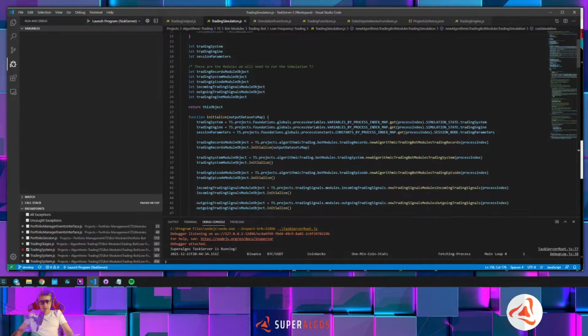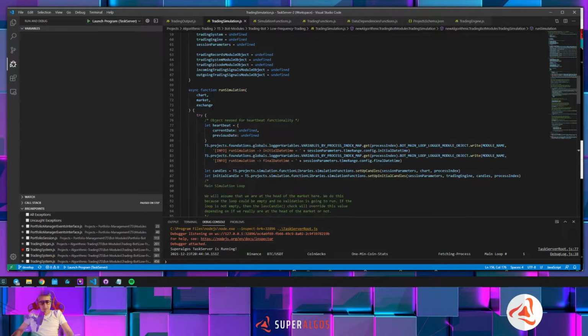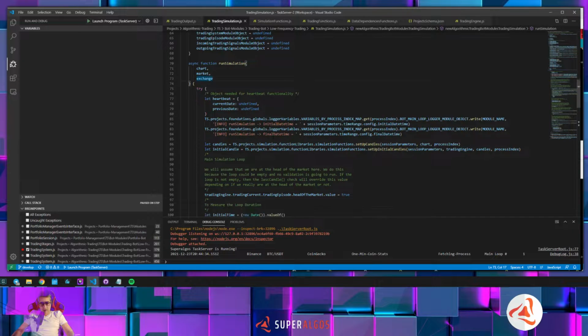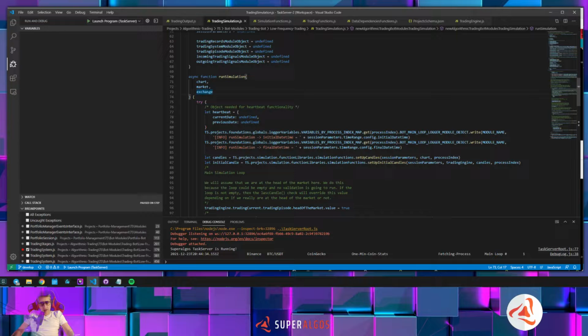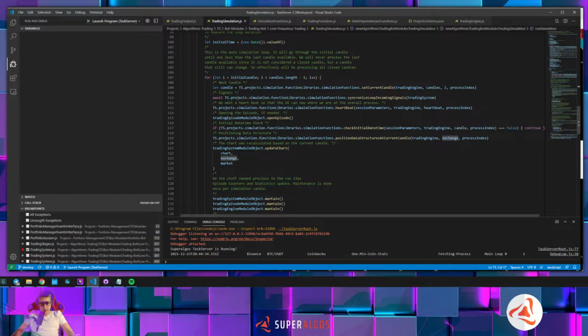Declarations, initialization, finalize function, and run. Run receives these objects, chart, market, and exchange, which are, by the way, the objects that can be used inside of formulas and conditions. So they are calculated before this run simulation function.